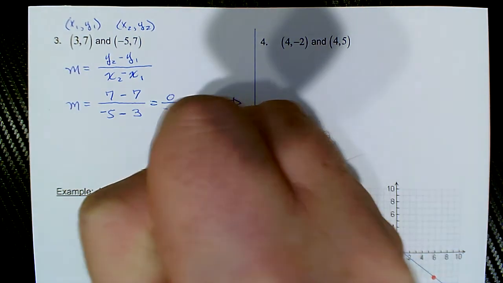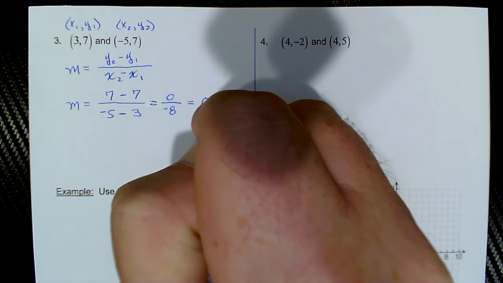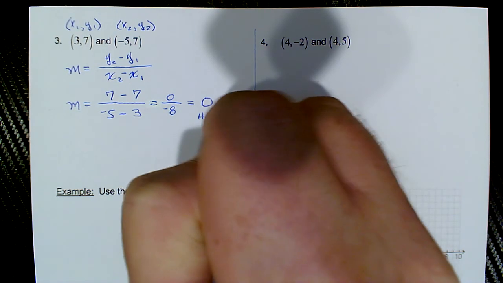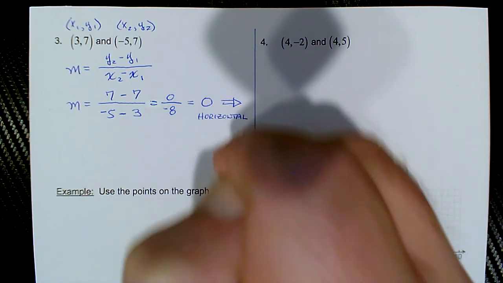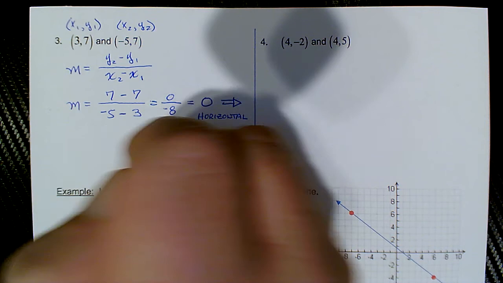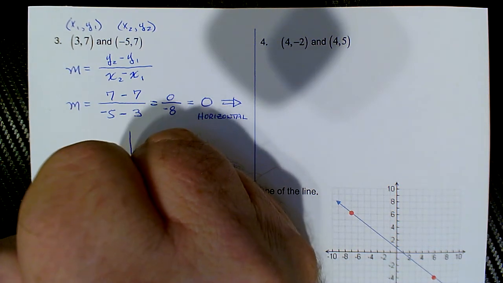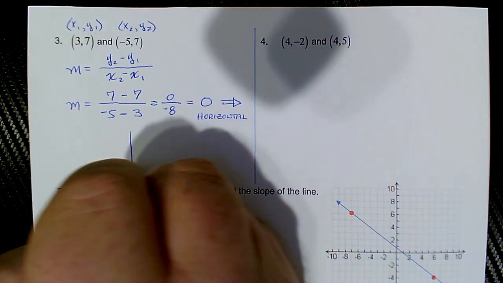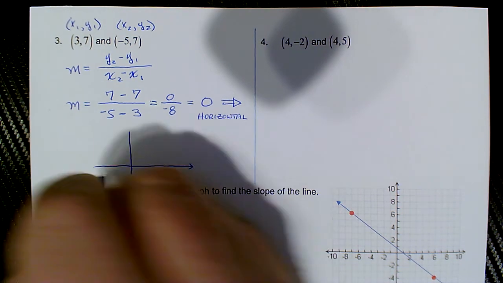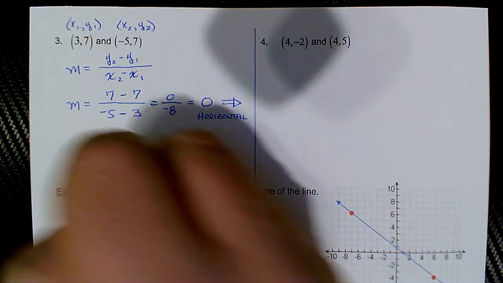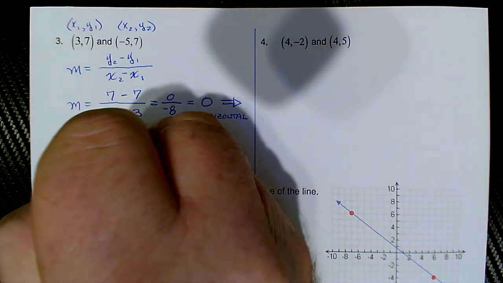That's a point. And then let me extend this axis a little bit more. Doesn't have to be to scale. But then negative 5, so maybe over here, and 7, that's another point. And you can see they line up in the same horizontal line.